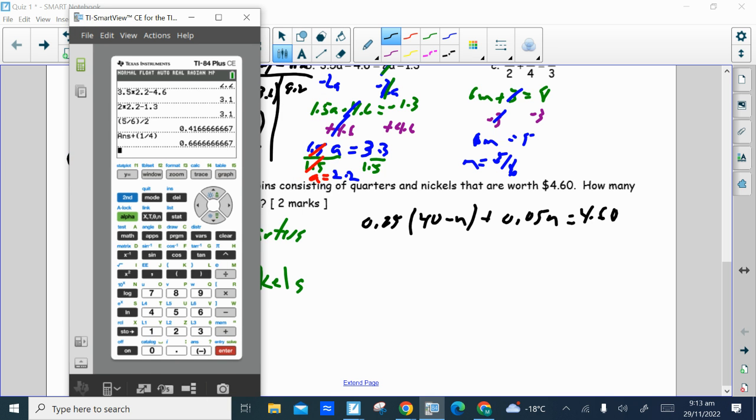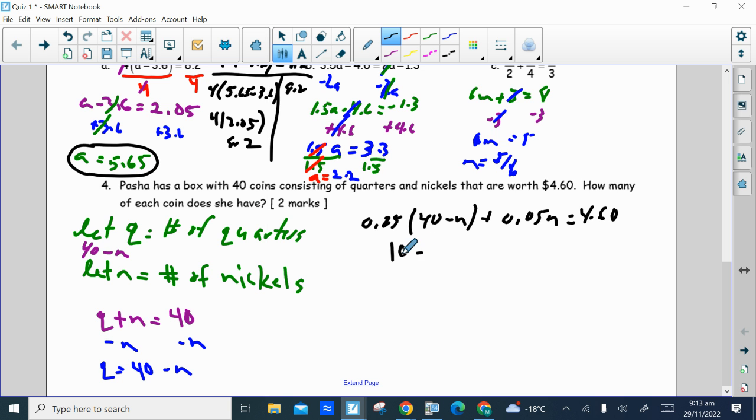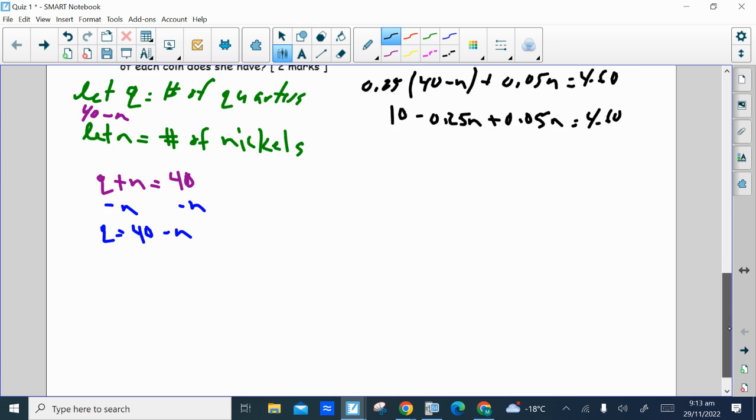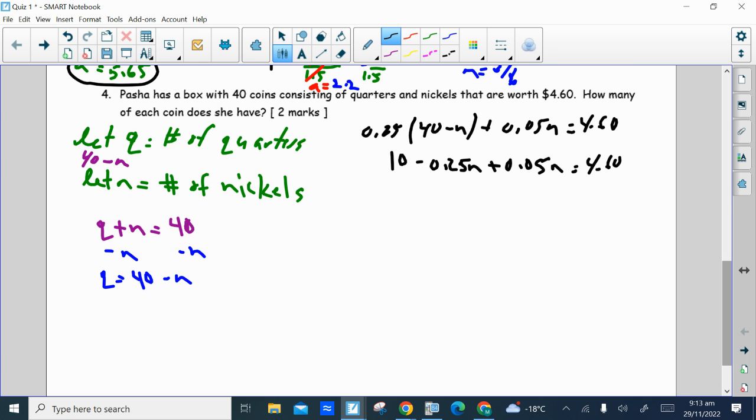If you multiply out the brackets on the left, 0.25 times 40 is 10. Take away 0.25 times N. I can simplify on the left.